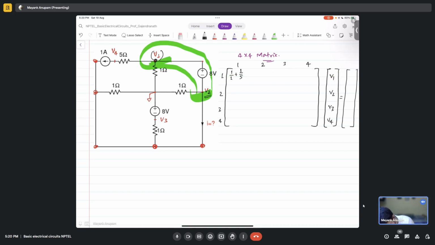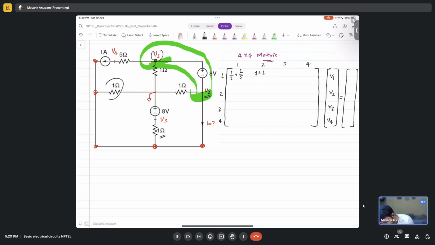Fine. At node V2, what do I have? 1 over 1 ohm, right? Anything else at node V2? Any other resistance of 1 ohm, which is between V2 and another node? This is 1 over 1 again, plus 1 over 1.